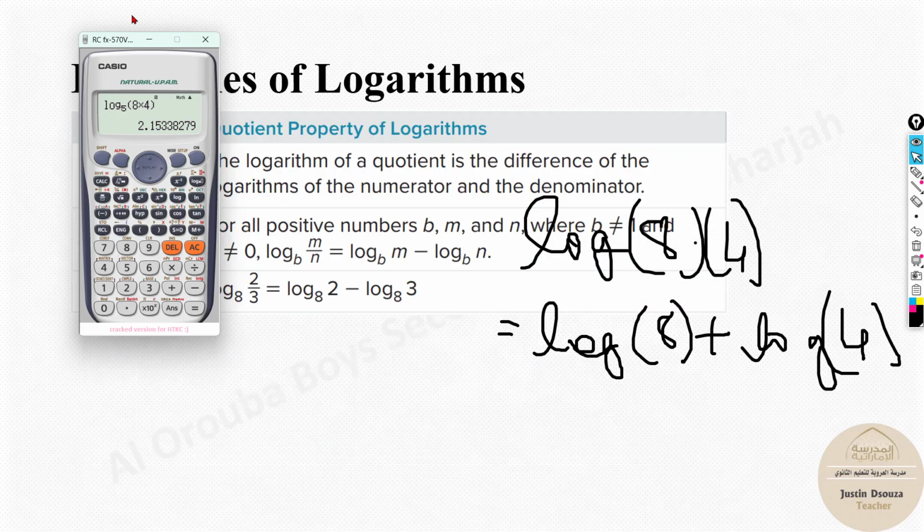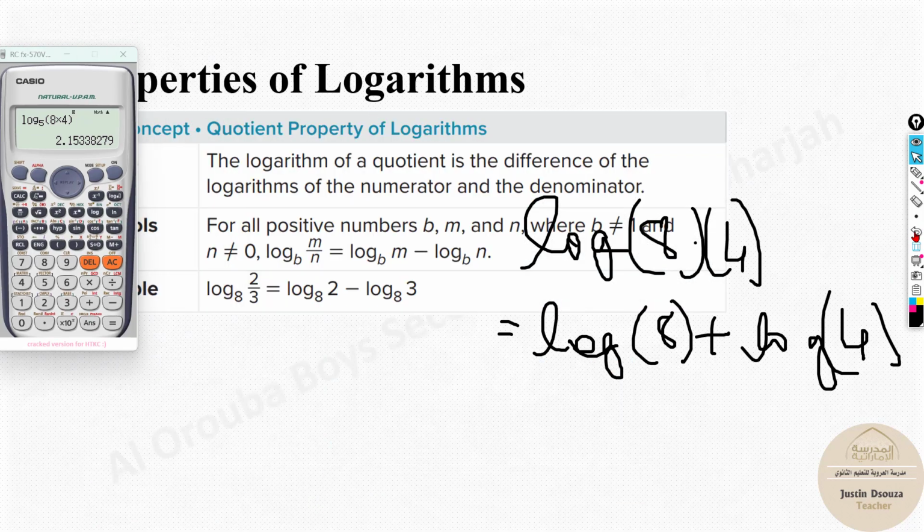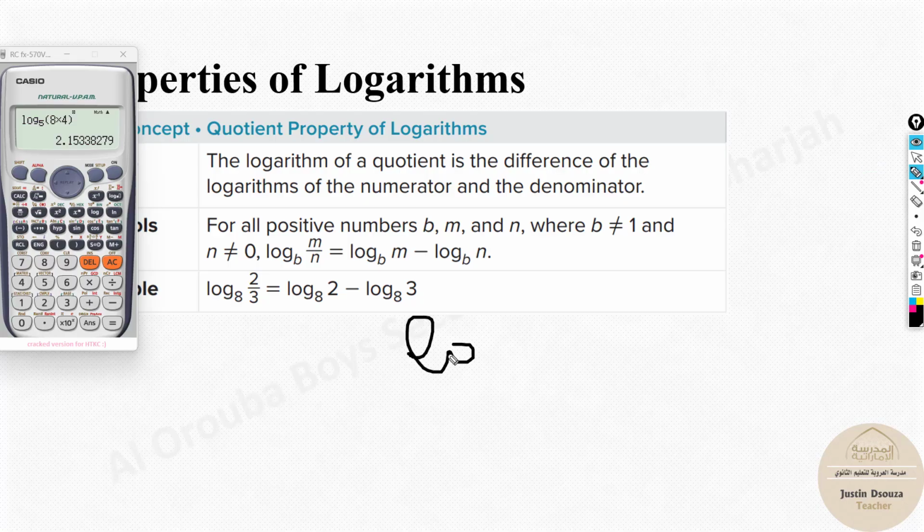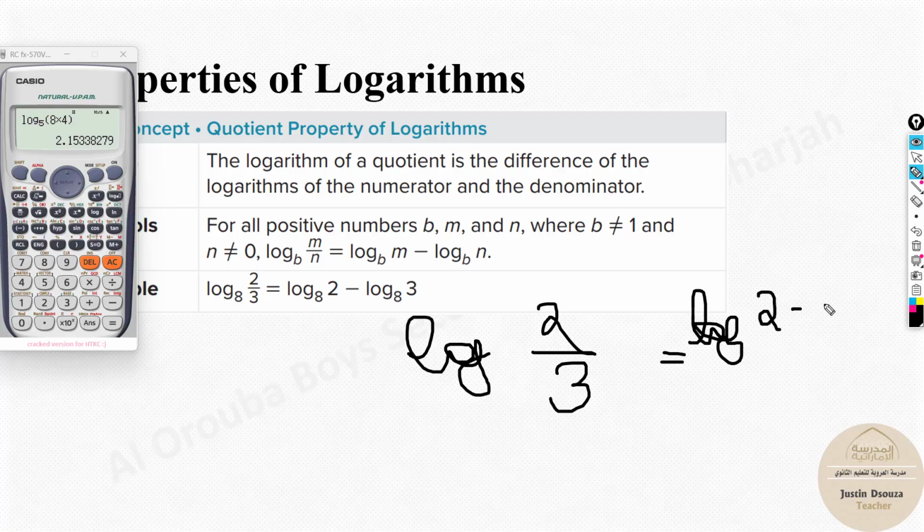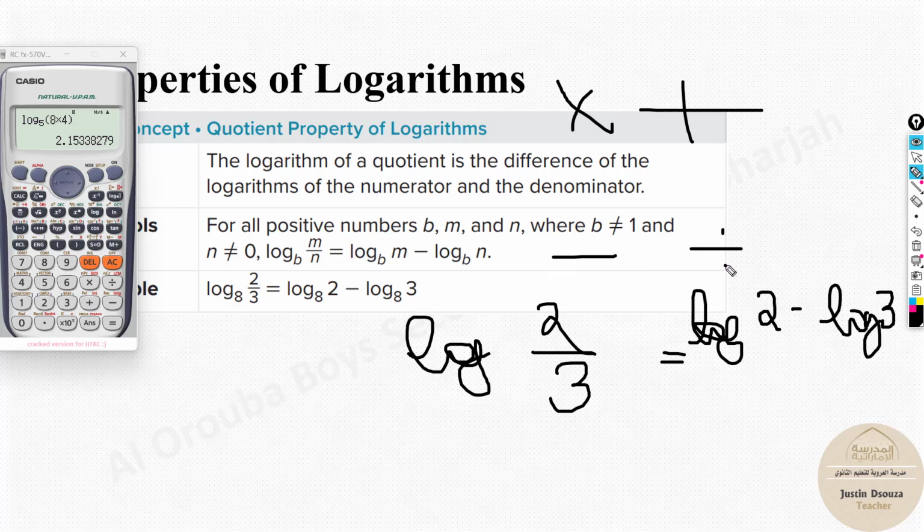Now here, quotient, it is with negative. So what happens over here? If you have any division inside the log, you can write it as log of the numerator minus log of the denominator. Now you might have observed in various situations, even with exponents and logs, multiplication is related to addition and minus is related to division.